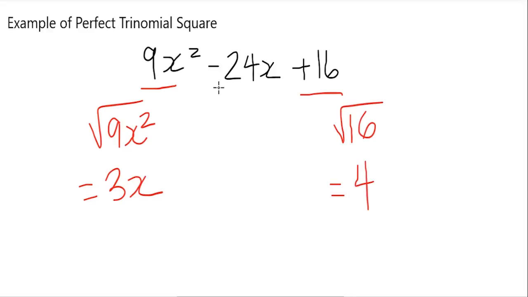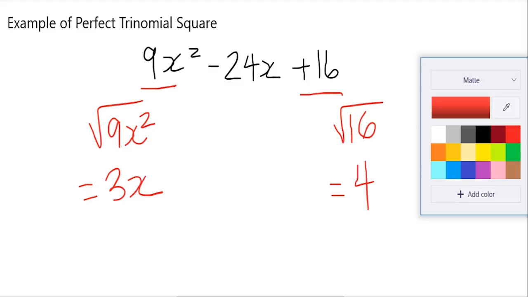Now, you want to look at how it relates to the middle term. If you can multiply the two together, so multiply 3x by 4, and then multiply by 2, and you get your middle term, then you know you're dealing with a perfect square trinomial. So let's take a look at that.